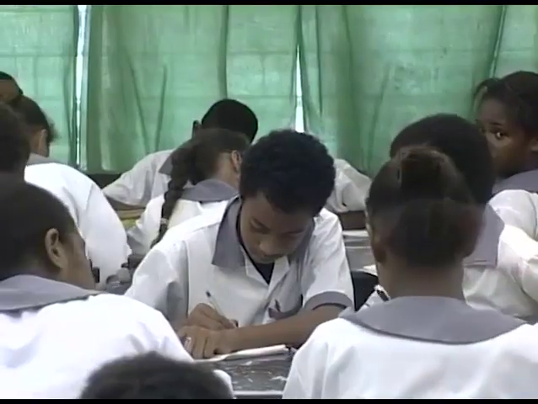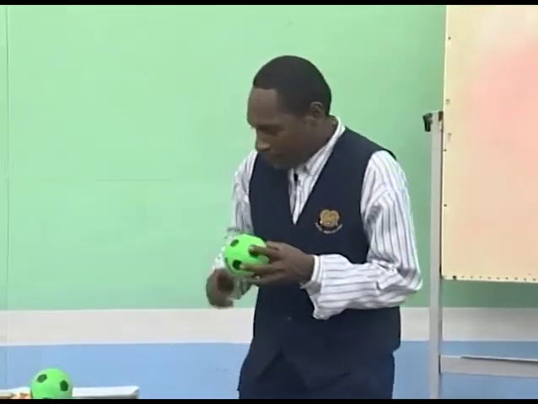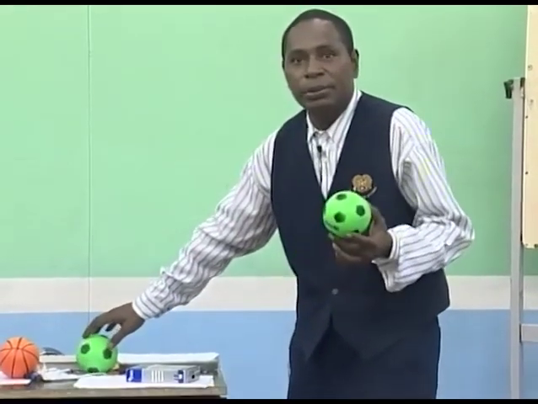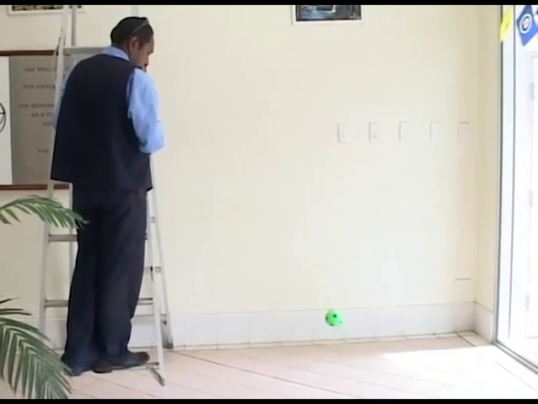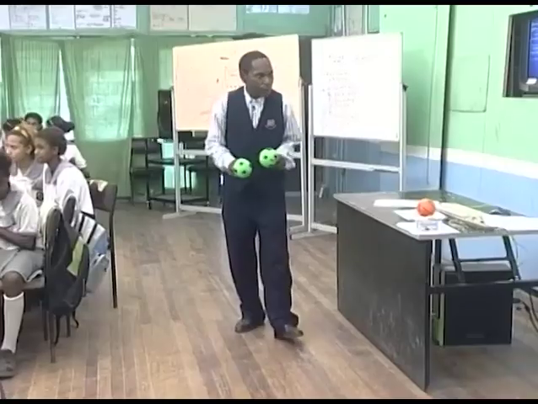Right, here with me I have a plastic rubber ball. Now I'm going to be showing you an example and I want you to look very carefully at this example, very, very closely.